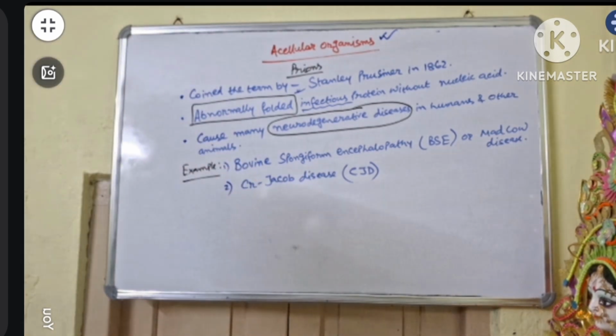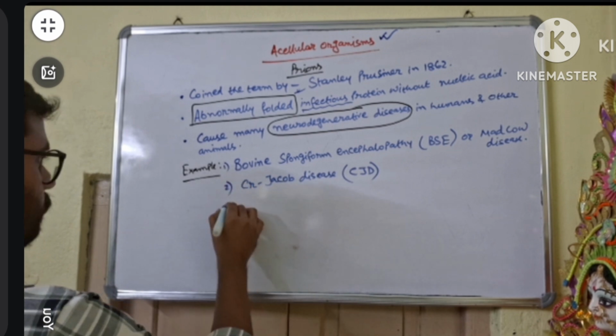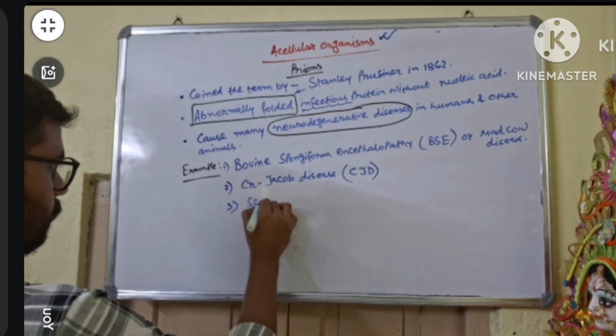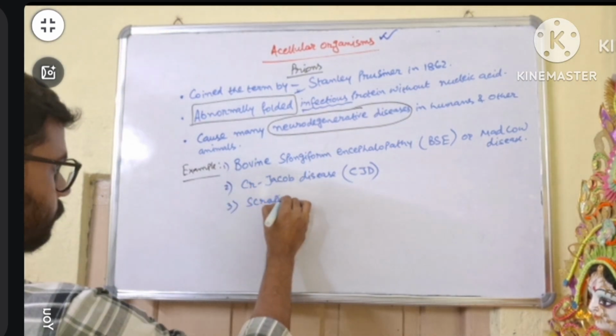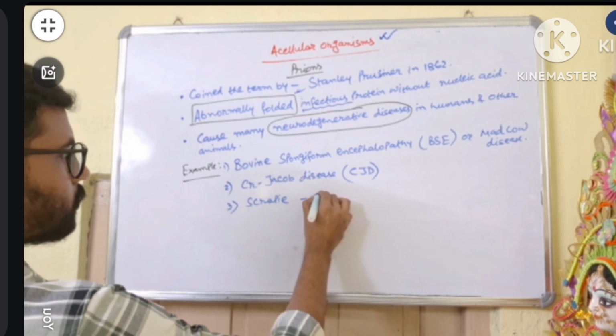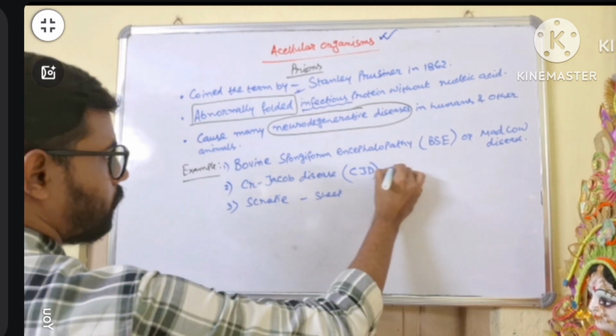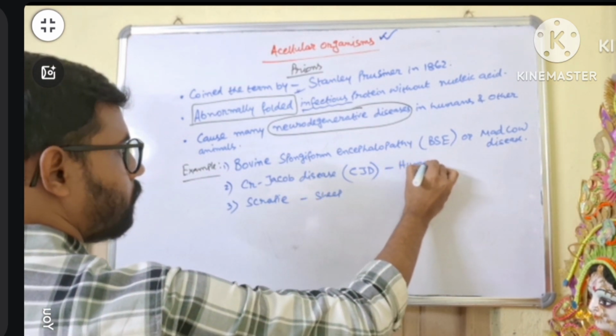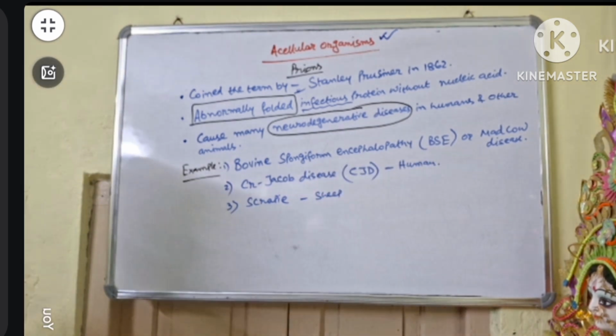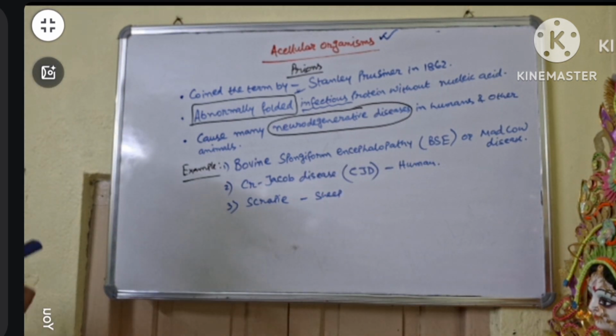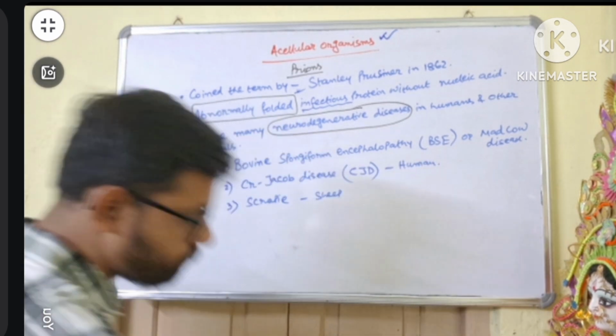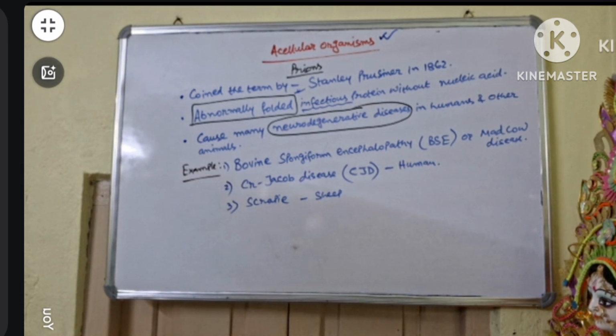Another good example, scrapie. It occurs in sheep. Clear?